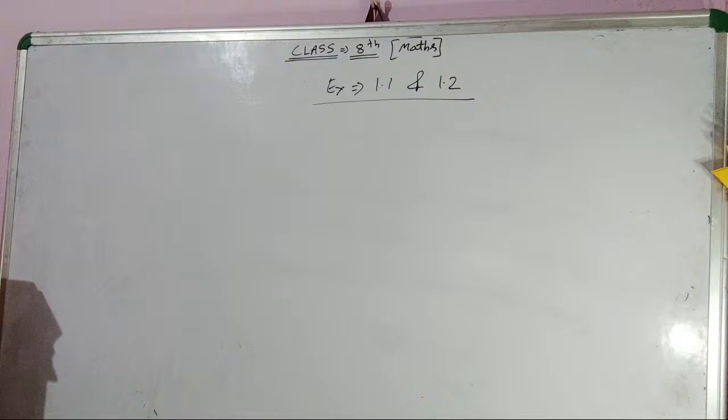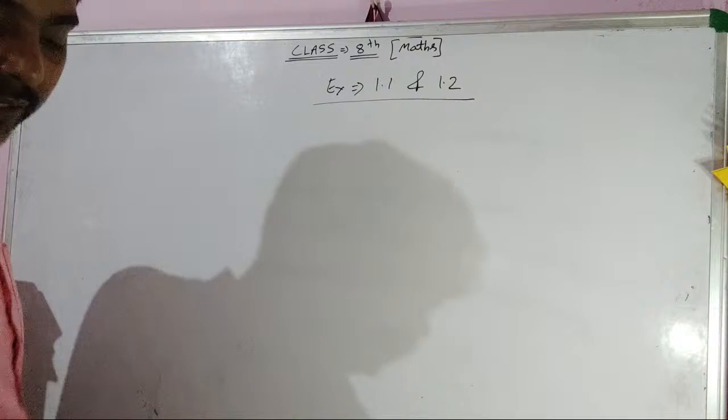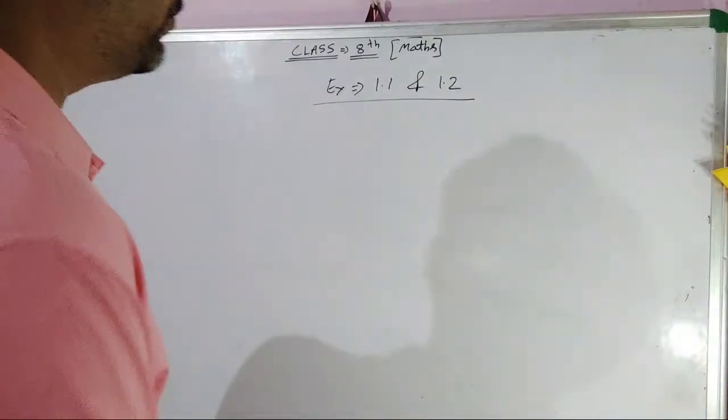In exercise 1.2, in question number 1, you have to represent a few rational numbers on the number line, and the same thing is given in question number 2 also, right? Now we are going to discuss exercise 1.2.